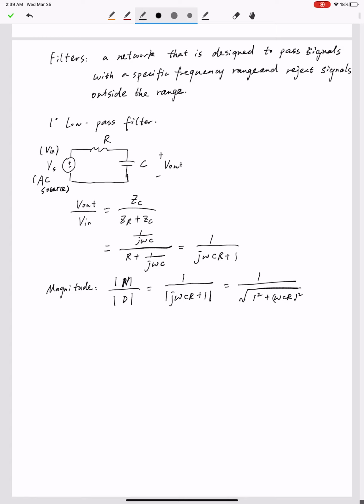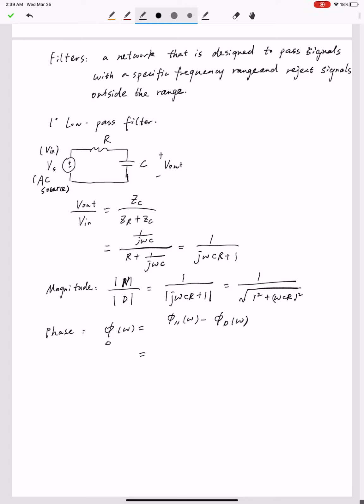And then we can also find the phase. The phase angle, we use phi of omega, this Greek letter, to represent the phase, equals the phase of the numerator minus the phase of the denominator.